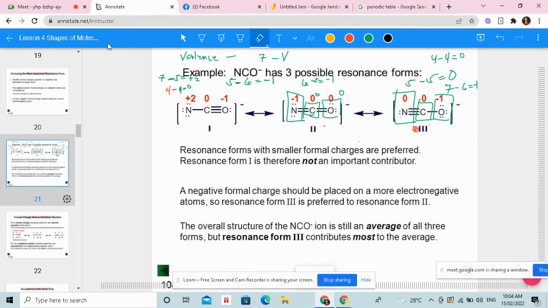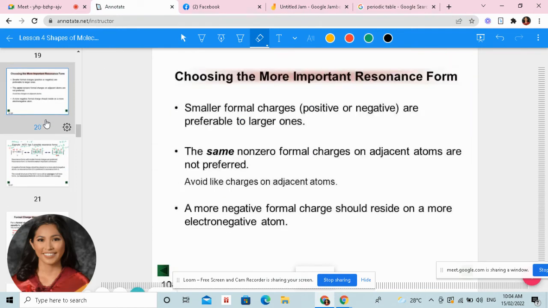Okay. So in rule 1, smaller formal charges are preferable to larger ones.